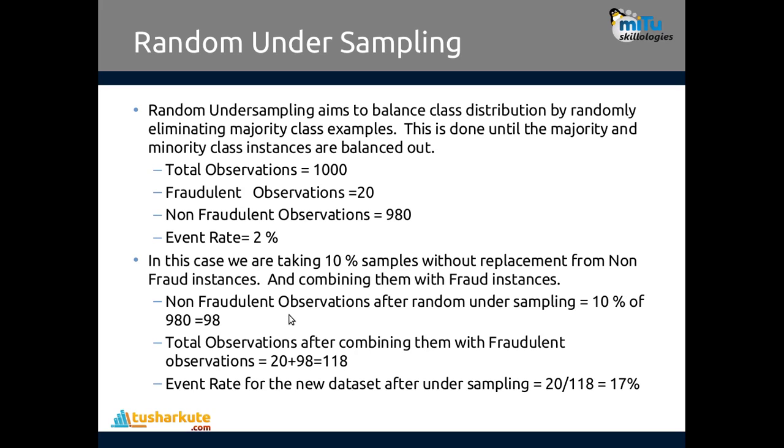Total observations after combining them with the fraudulent observations will be 118. So out of 118, 20 samples will be fraudulent and 98 will be non-fraudulent. The event rate for the new undersampled data set will be 20 by 118, that is 17%. Now it is an improvement, from 2% to 17% for the fraudulent transaction class. In this way random undersampling works.